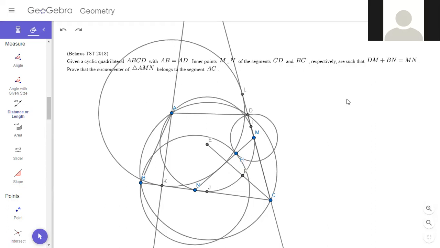Okay, I think I have an idea. I'm just trying to figure out how to express it, how to write it up. Let's see. So basically, I kind of drew the X circle here.